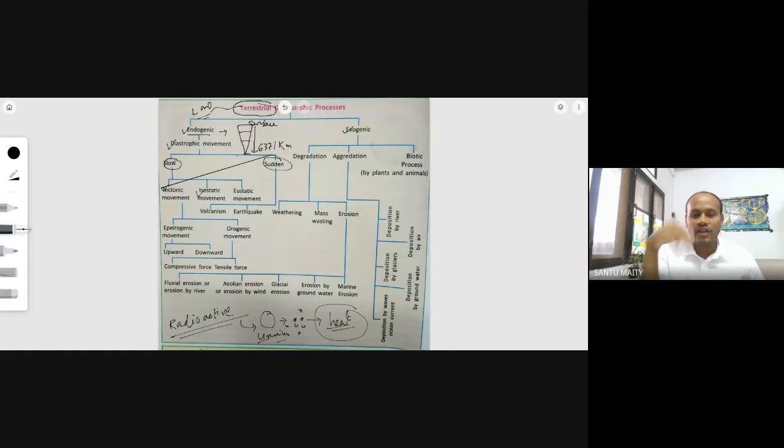So the rising and falling of the seawater is related to the eustatic movement. Isostatic movement is something like this: if somewhere you want to form a depression, for example, if you want to dig a pond, then definitely you need to form a mound, or a small hillock, where you can deposit the dug out material from the pond.